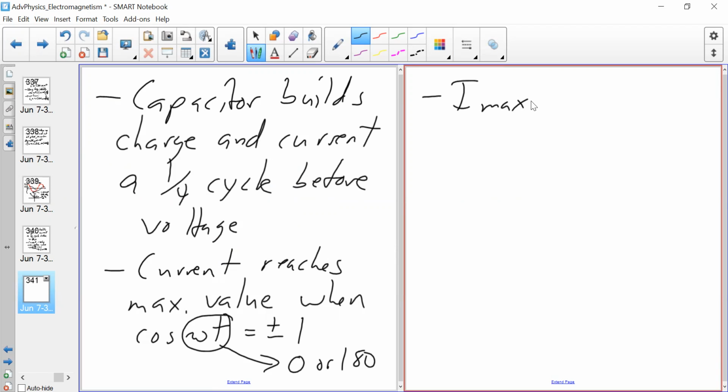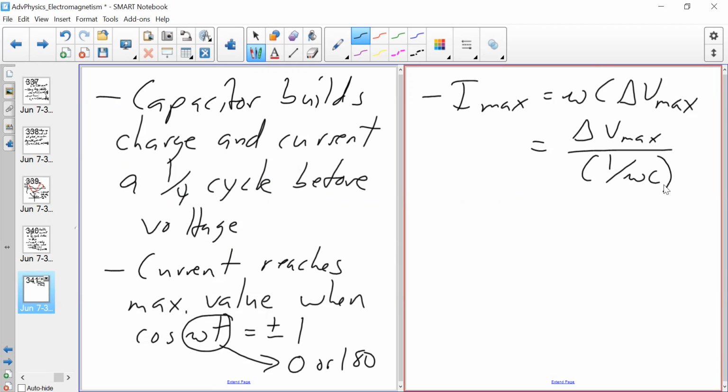Most general. Okay, Imax equals omega C delta V max, which is equal to delta V max divided by 1 over omega C. And that's just solving for Imax.